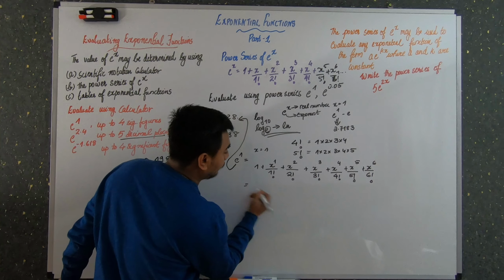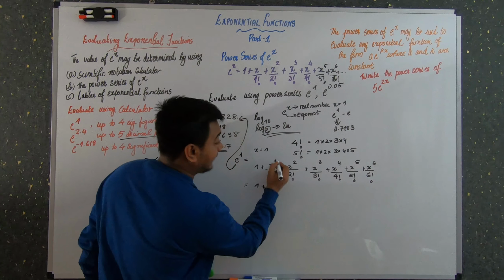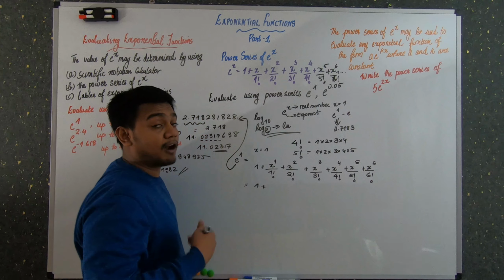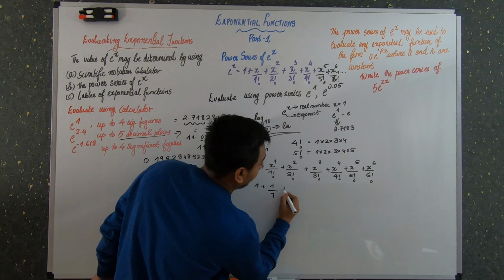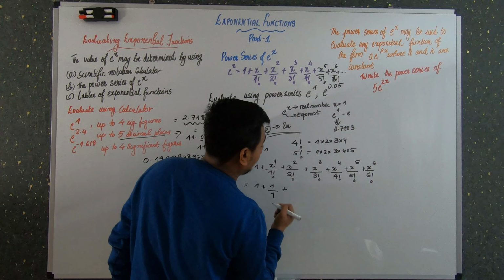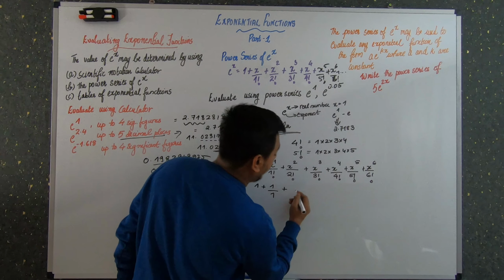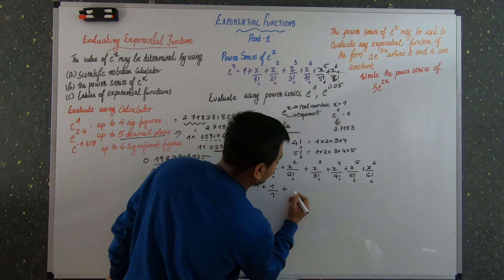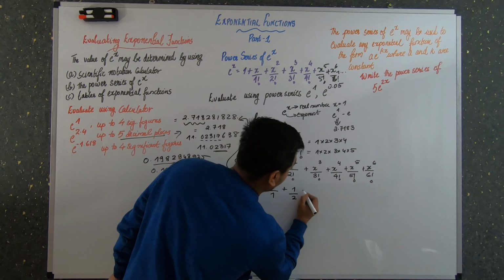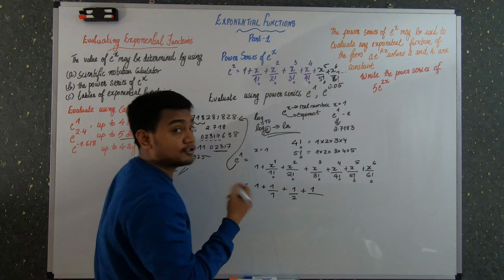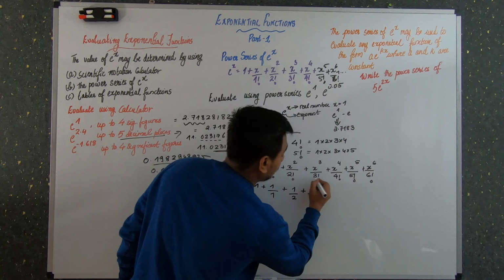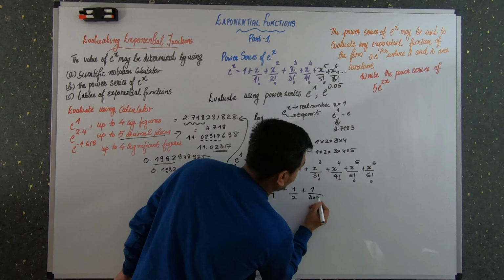So let's find the value of e raised to 1 using the power series. The x value is 1. 1 raised to any power is 1 itself. So 1 by 1. Again, what would it be here? 1 square by 2 factorial, that is 1 by 2. Again here, 1 cube, 1 raised to 3 is 1 itself. So 3 factorial is 3 into 2 into 1.